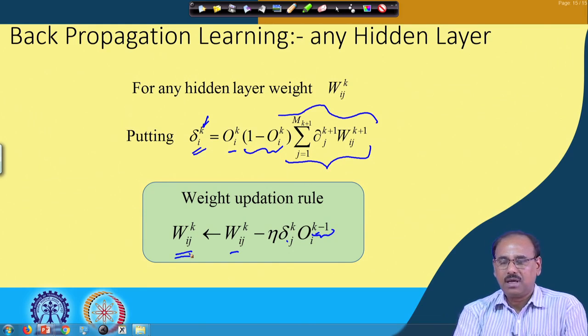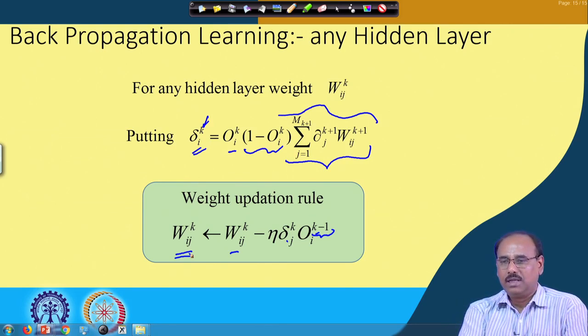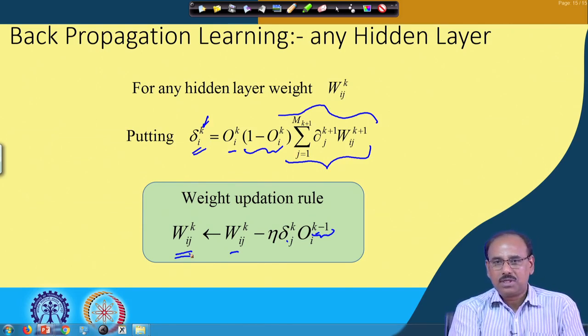So, what I have to do is compute this for all values of i, j and k, and while you do that, you have to start from your output layer and then gradually move to all the hidden layers. This is the weight updation rule, or the backpropagation learning algorithm, in a multi-layer neural network.